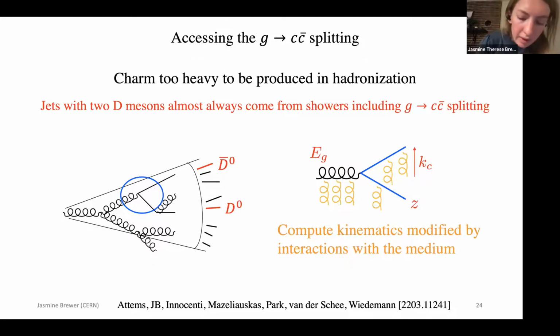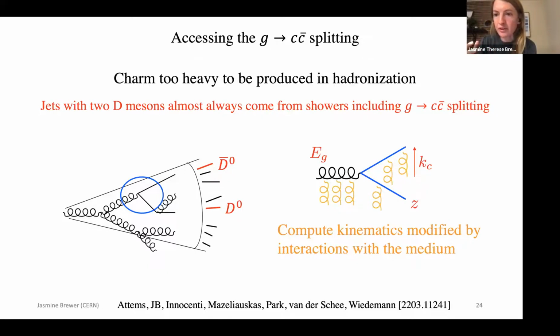So this is maybe a bit of a jump, but I said that we want to study gluon splitting to quarks. Specifically, what I'm going to be talking about is gluon splitting to charm quarks. The reason for that is essentially experimental or phenomenological: the charm is too heavy to be produced in hadronization.